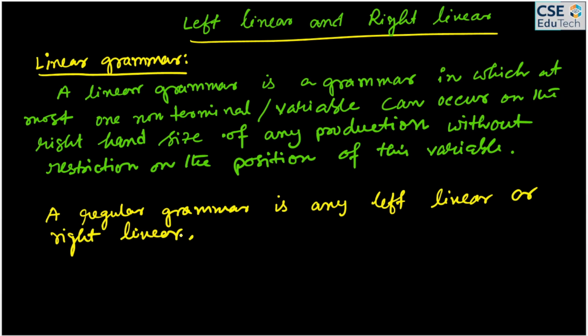That means a regular grammar, either it is left linear or right linear. Now we define the left linear as well as the right linear grammar. First we will define the right linear grammar.